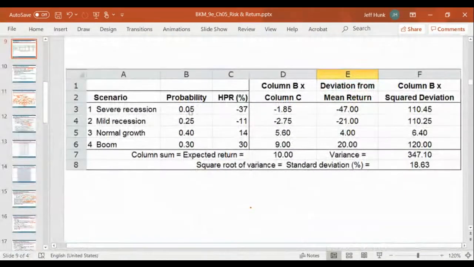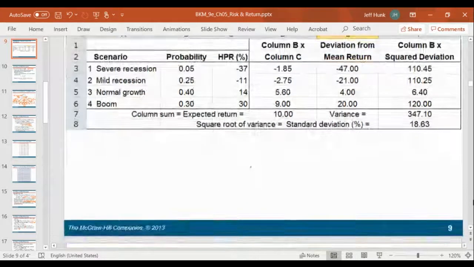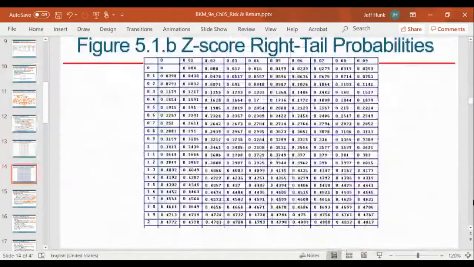Oh, under severe recession, which has a 5% chance, our holding period return will be 37%, and negative 11%. Look, these are judgment calls by senior managers, right?